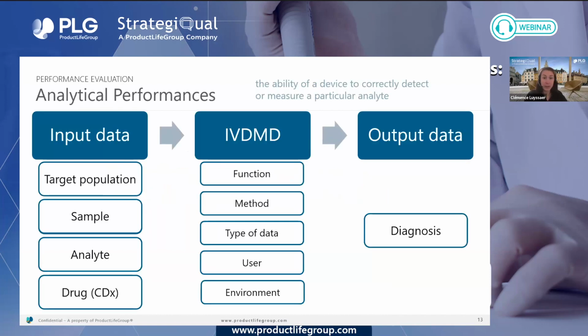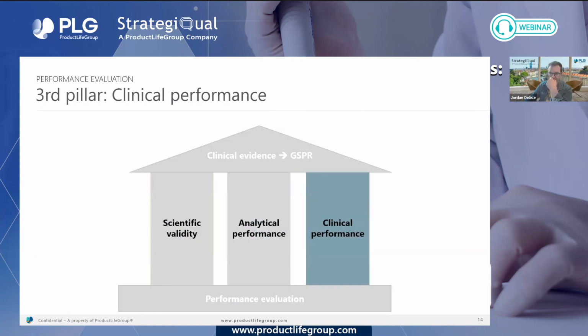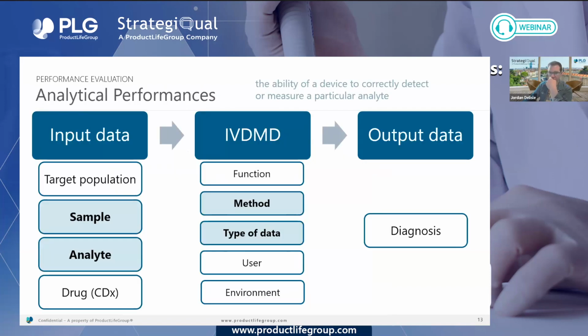The analytical performances are established by considering one or more sample types, the analyte, the method used and the type of data generated. Users, environment, and the clinical or physiological condition are not considered for analytical performance demonstration.